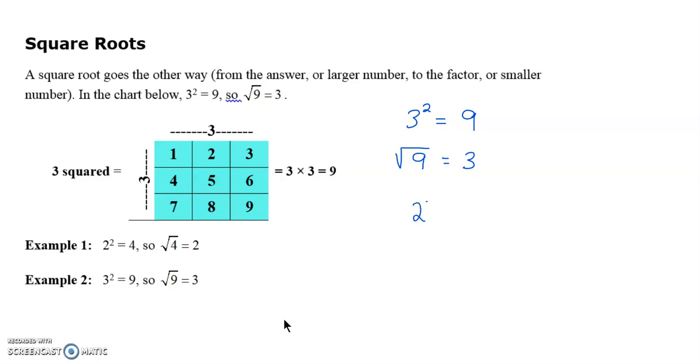We can say, yep, 2 squared is equal to 4. Therefore, the square root of 4 is equal to 2. Well, if you're asked to find the square root of 25, then what you're thinking is what times itself makes 25? And you say, yeah, 5 makes 25. So the square root of 25 is 5.